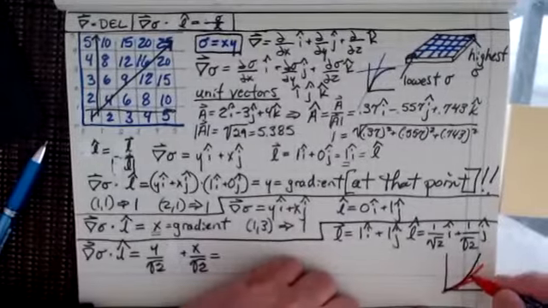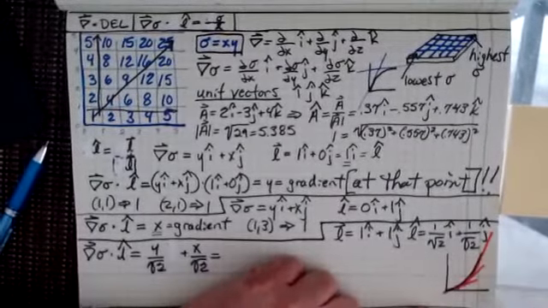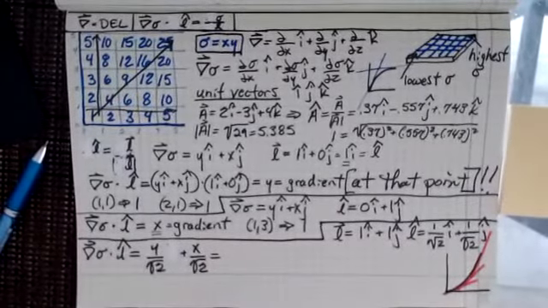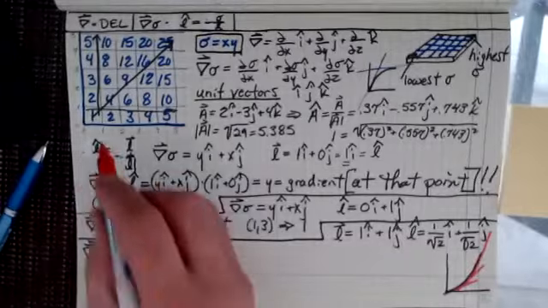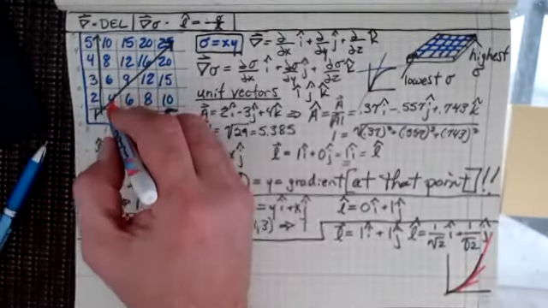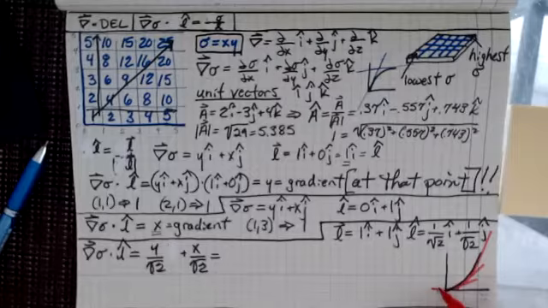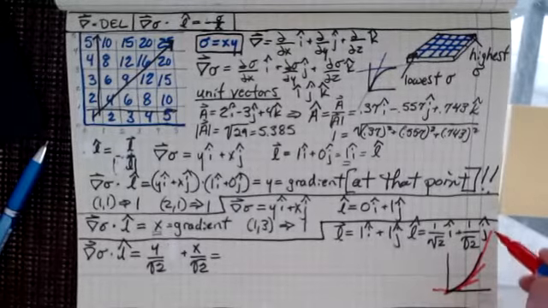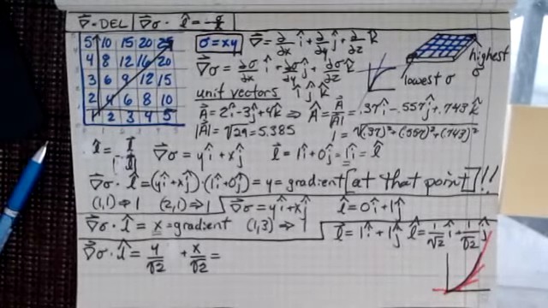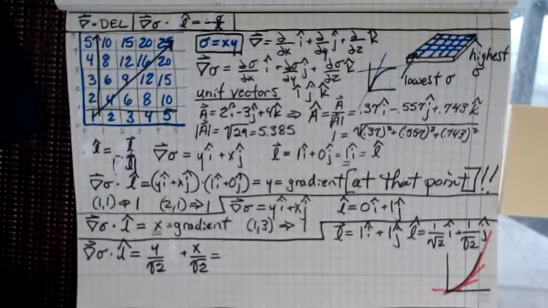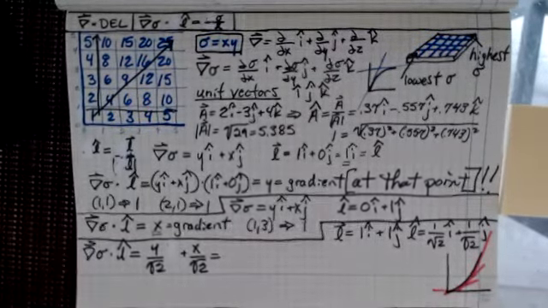So the actual choice of the point that I put in there is going to change the gradient, right? Because as you can see, the slope starts horizontally but keeps going up higher and higher. And so that's why we need the point.